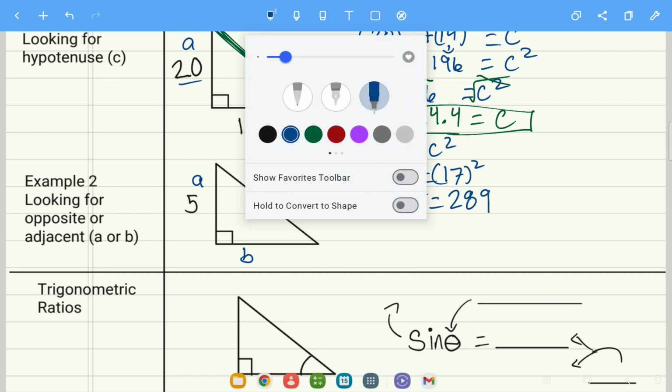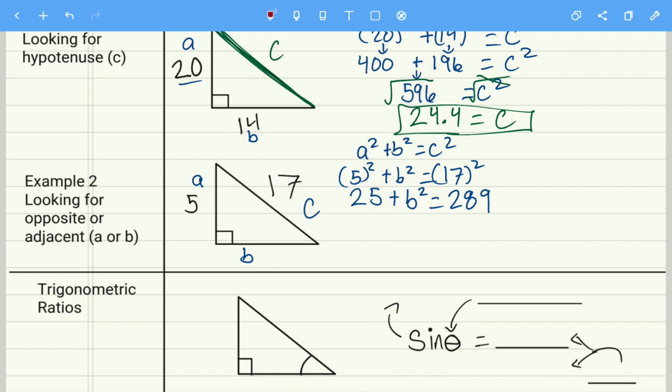Now, our goal is to get the B alone. So we have to get rid of the 25, and we could do that by subtracting it. What you do to one side, you do to the other. That leaves you with B squared equals 264.